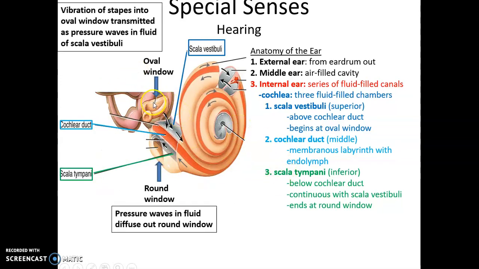So again, it is the vibrating stapes within the oval window that is going to generate fluid pressure waves that travel along the scala vestibuli and up the cochlea. And then the excess pressure waves at the end get released via the round window.